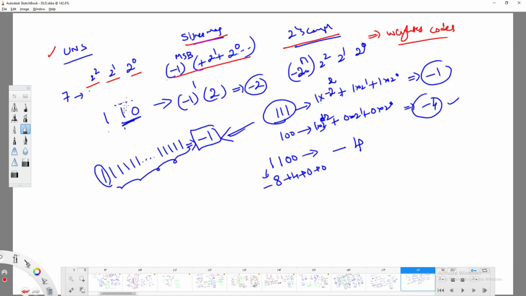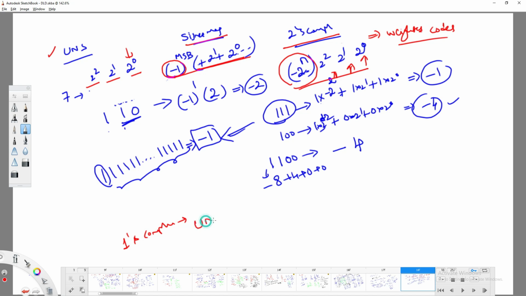Each location has some weight. Here it is powers of 2: 2 power 0, 2 power 1, and so on, and the last position, the MSB, has minus power. Similarly in 2's complement, everything has some weight. That's why we call them weighted codes. And what about the one's complement?